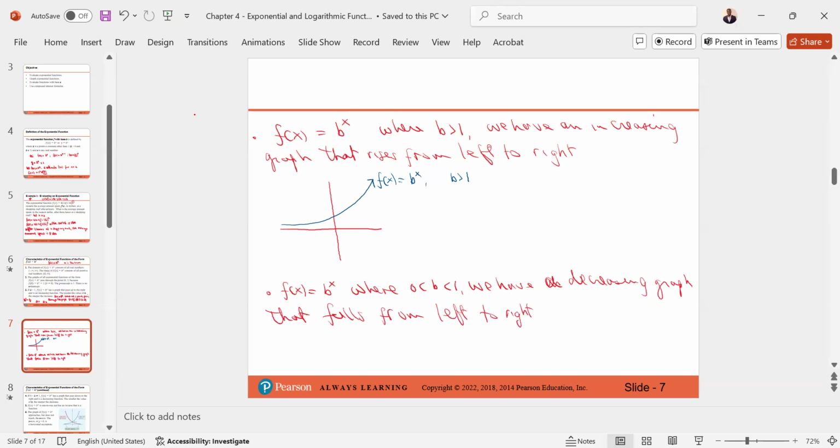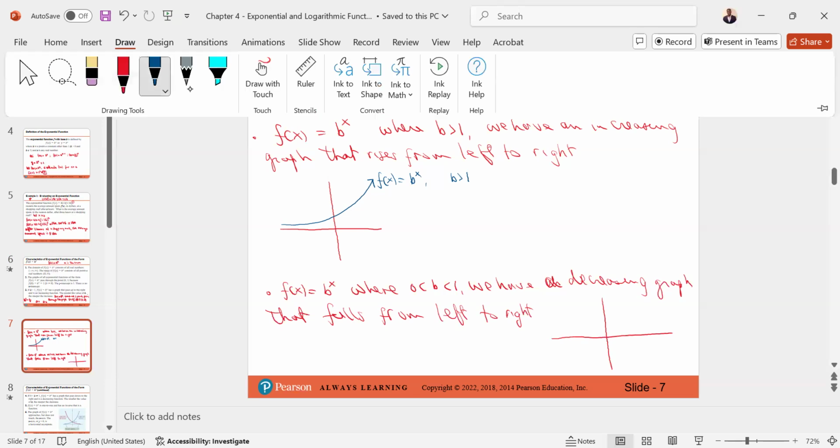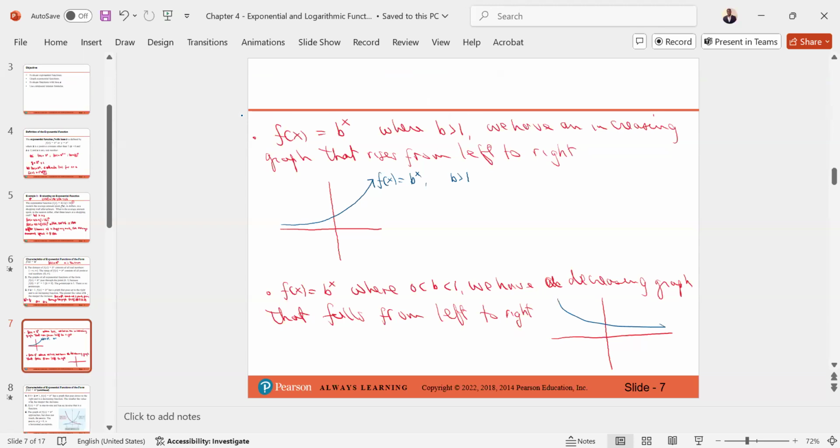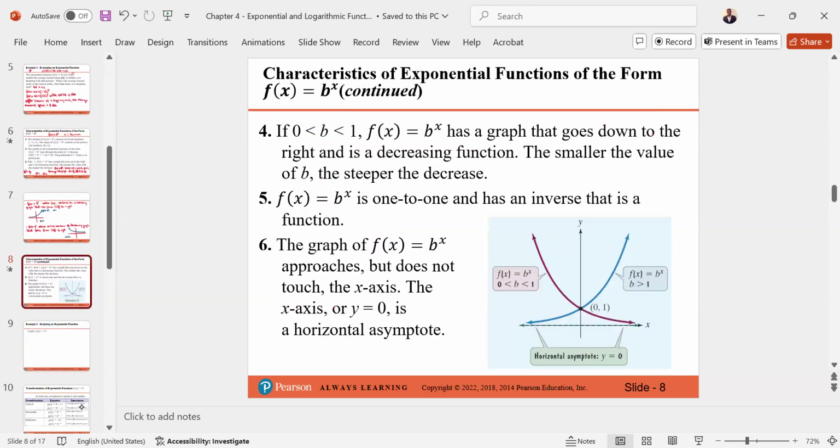So what we mean by that is our graph in this case would be falling from left to right. Here, b is between 0 and 1. Here, b is greater than 1. So we have these two types of graphs.